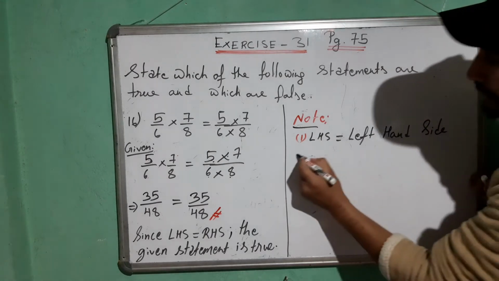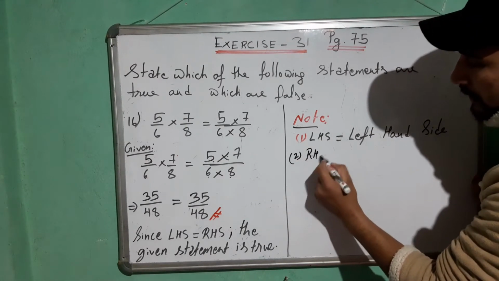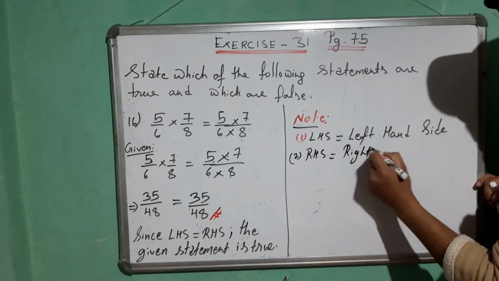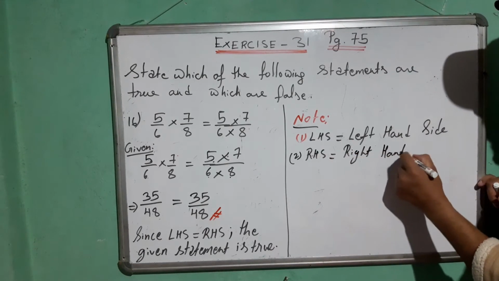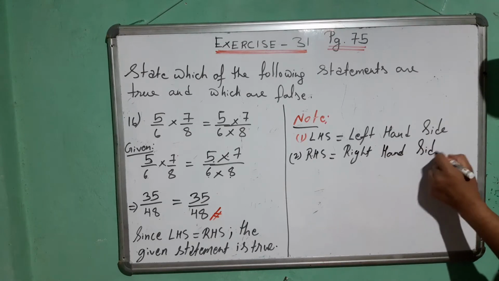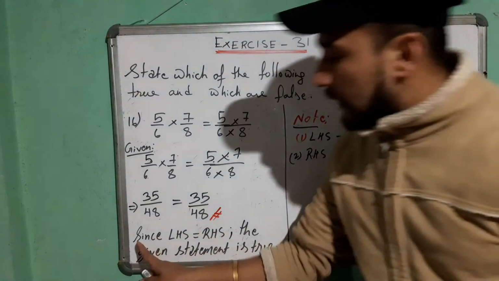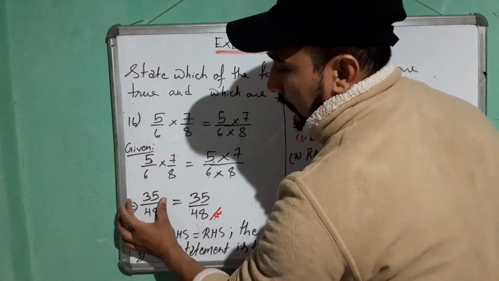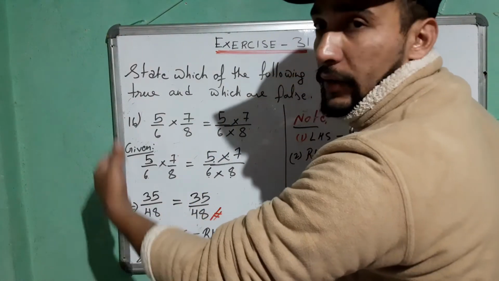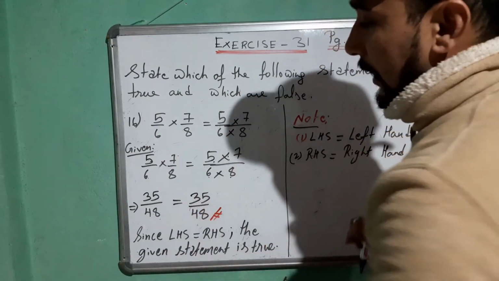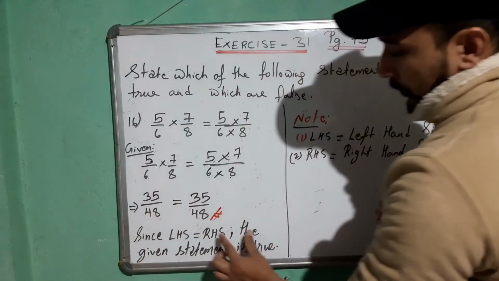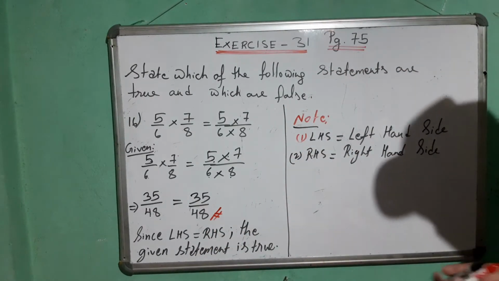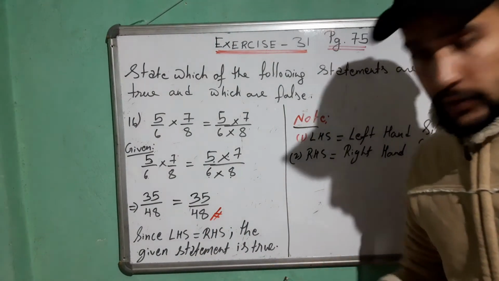And RHS is right: R stands for right, H stands for hand, S stands for side. So since the left hand side equals the right hand side, that means from this equals sign, this side is the left hand side and this side is the right hand side. So since left hand side equals right hand side, the given statement is true. Now let's move on to another question.